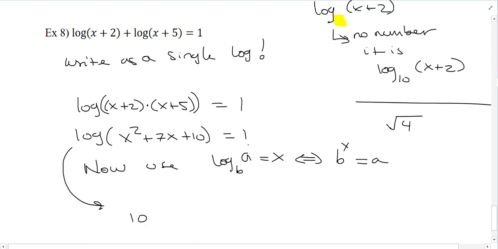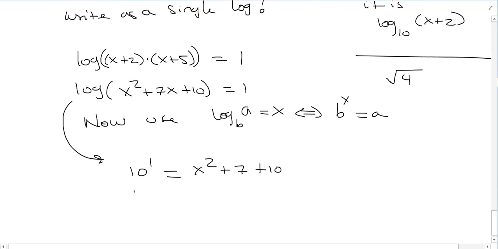The x is on the other side of the equals, so 10 to the 1 equals, and then the a. The a is the thing that I'm taking the log of. So x squared plus 7x plus 10. So 10 to the 1 is just 10, so I have 10 equals x squared plus 7x plus 10.